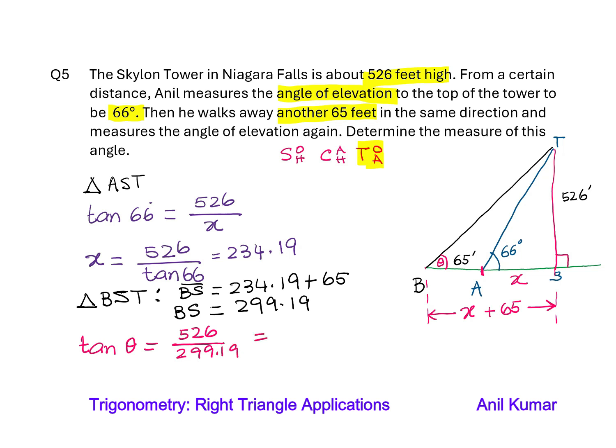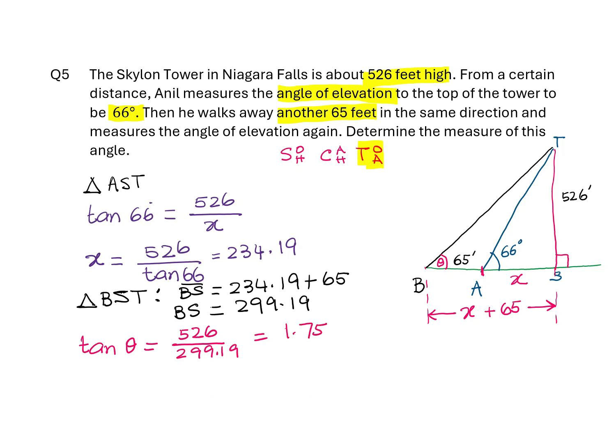So 526 divided by 299.19 is 1.75808. So tan theta is this.